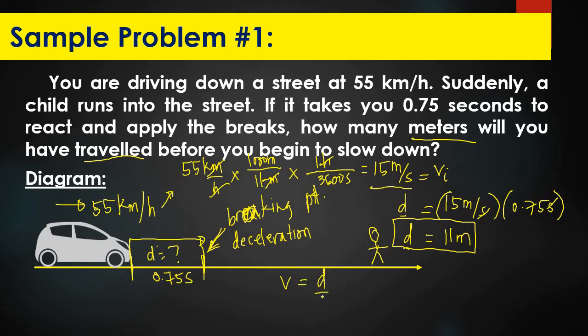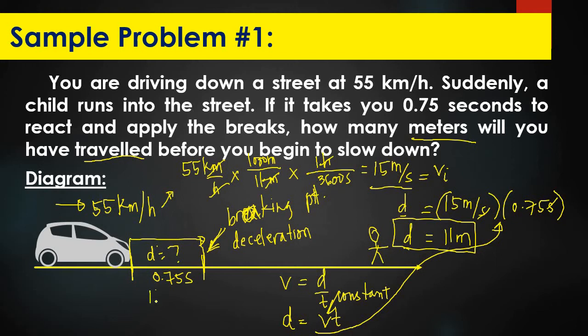And like how we rearranged the formula a while back, we came up with displacement is equal to velocity times time. You can apply this formula as long as the velocity here is constant. It does not change. So using that formula, velocity times time, 15 meters per second times 0.75 second, the answer is 11 meters.